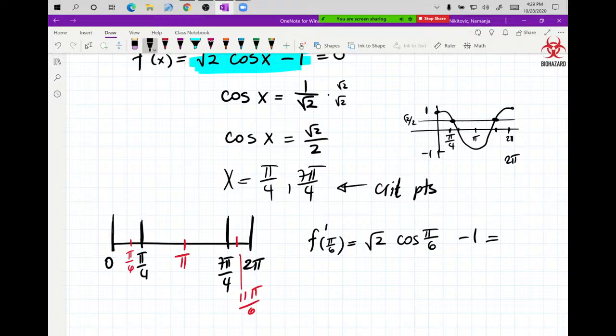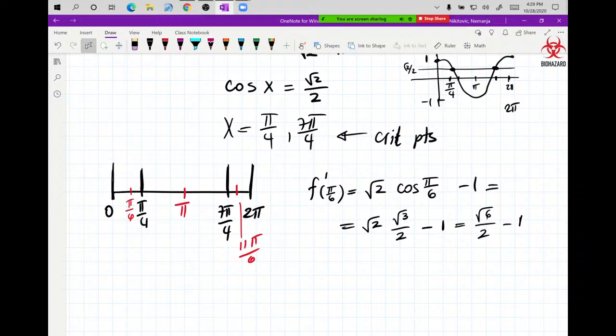What is this equal to? Well, it's root 2 cosine of pi over 6. Now, if you study the chart that I talked about earlier, you know that the cosine of pi over 6 is going to be root 3 over 2, and then you have minus 1. So now, this becomes root 6 over 2 minus 1.